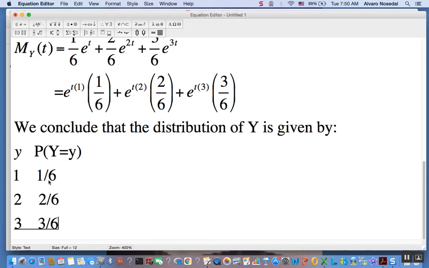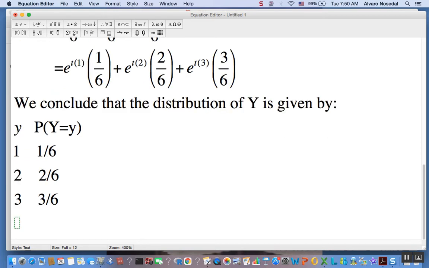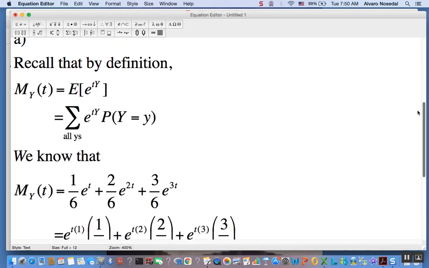As we pointed out, these three numbers are between 0 and 1, and when you add them all up the result is 1. So they satisfy the two properties of a legitimate probability distribution. Okay, we're done with part A.